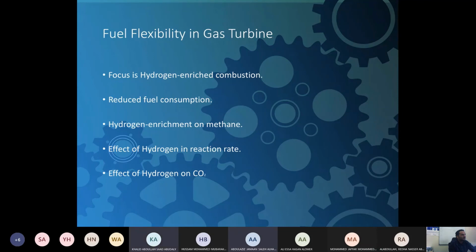The effect of H2 enrichment on methane is reported: NOx emissions are reduced as H2 enrichment of the fuel mixture increases. H2 enrichment increases the concentration of flame radicals, which are O, H and OH, and thereby the rate of reaction will increase.